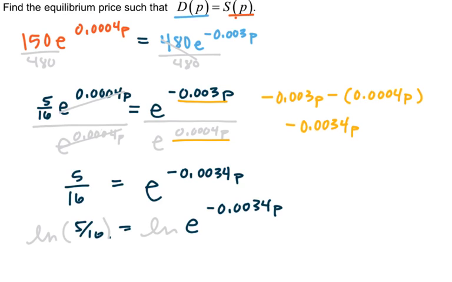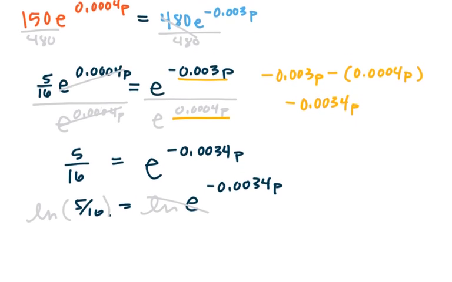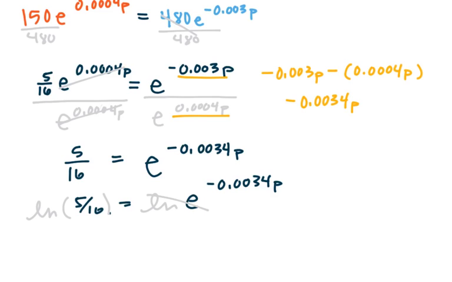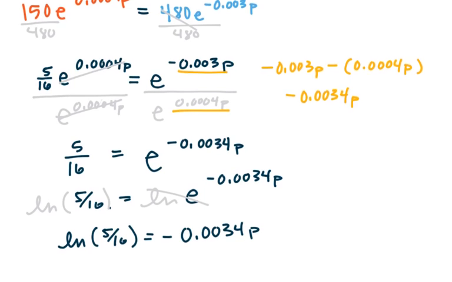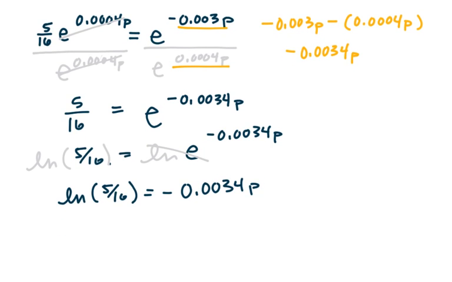And what we know about the natural log of e is that it is going to cancel, because natural log is base e, and the argument is e to some exponential power. So I have now the natural log of the constant equals negative 0.0034p. And at this point, to solve, I would just divide on both sides.